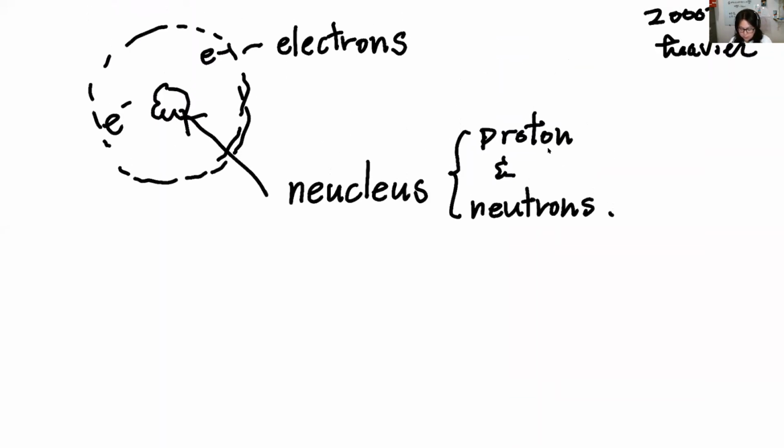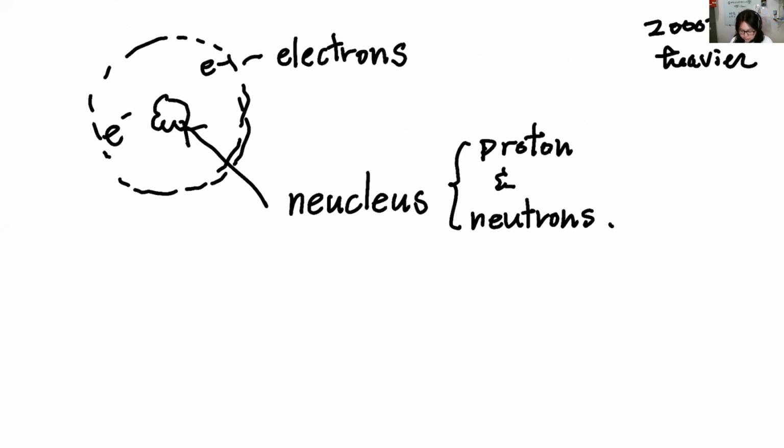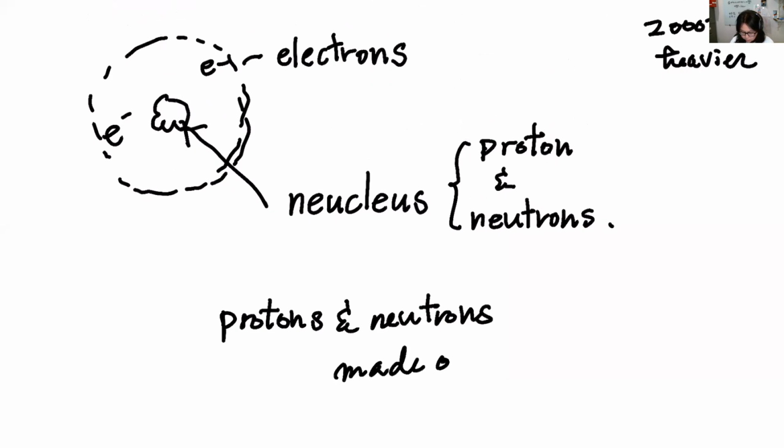Okay. I mentioned that protons and neutrons are not fundamental particles, but the electron is. Protons and neutrons, which are a lot heavier, are made of smaller particles called quarks.